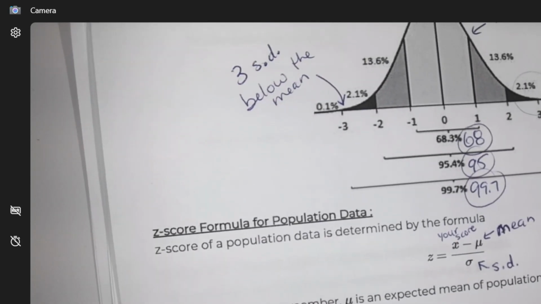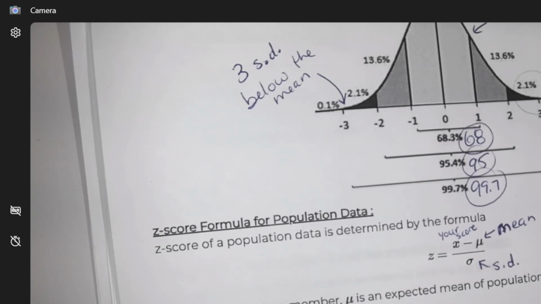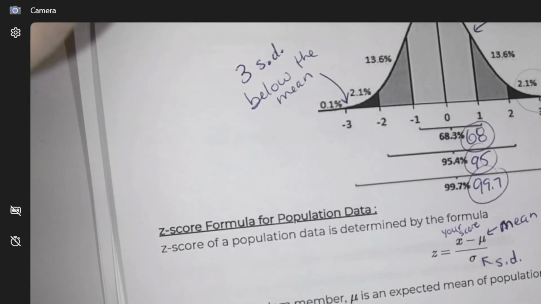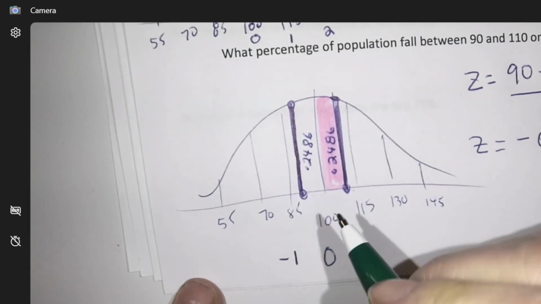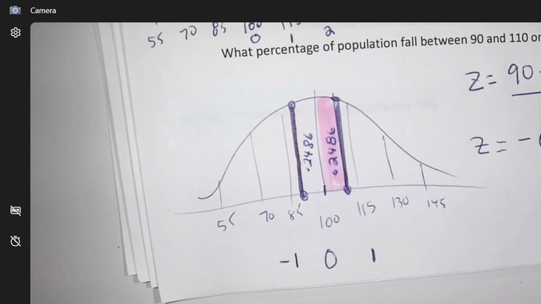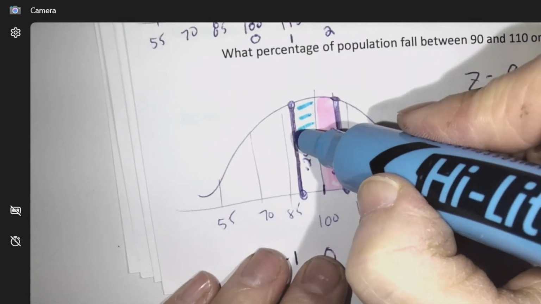So what does it tell me? It tells me the percent of me to the middle. So me to the middle, and then this person, me to the middle.